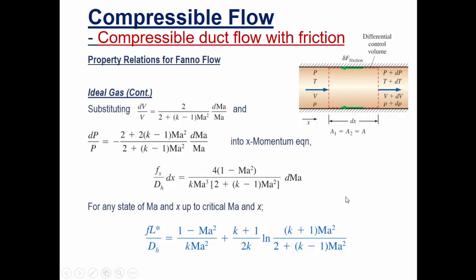So remember that fx now is the local friction factor, and for any state of Mach number and x, which is the location of the flow, we can actually find the relationship between the friction factor, the hydraulic diameter, and the position, which in this equation is represented by L apostrophe, or considered as the critical length, which is equal to 1 minus square of Mach number divided by k times square of the Mach number plus k plus 1 divided by 2k times the natural log of this expression.